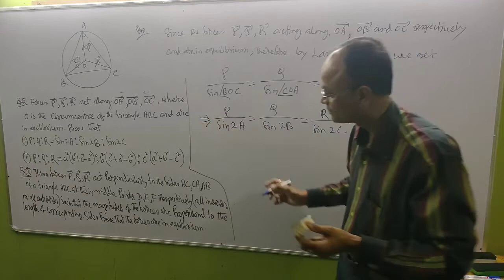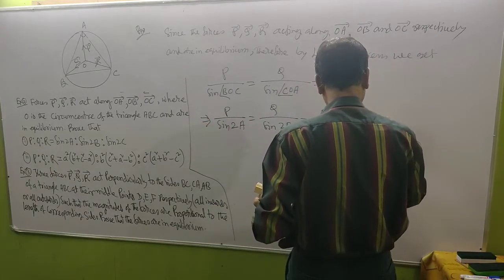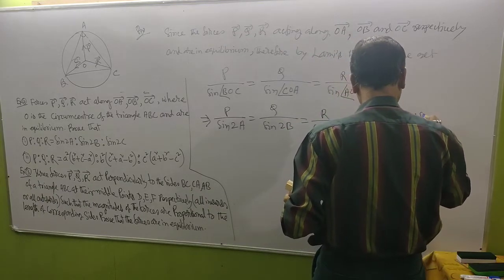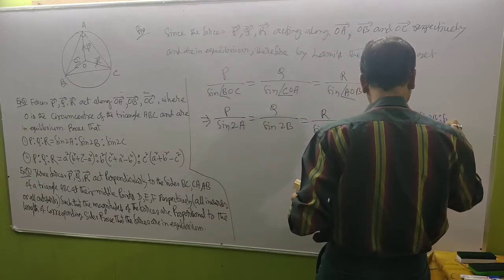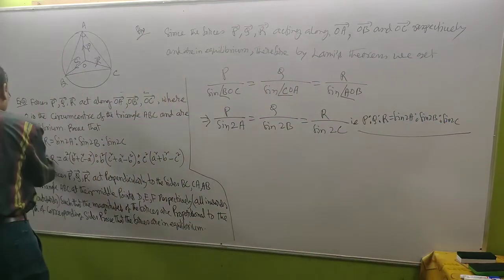That is, P is to Q is to R equal to sine twice A is to sine twice B is to sine twice C. Number 1 has been proved.